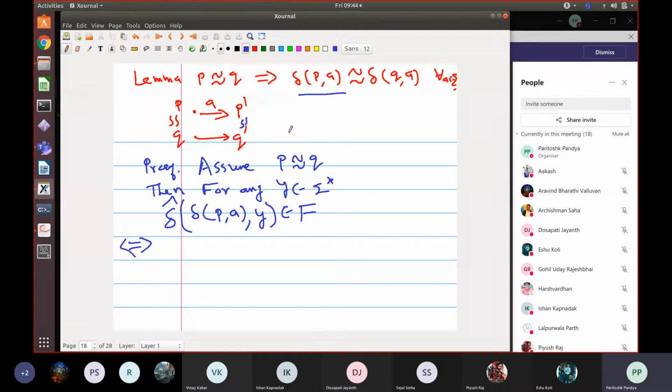Now, how can we simplify this underlined part? Delta hat of delta will give you delta hat of P on string AY.